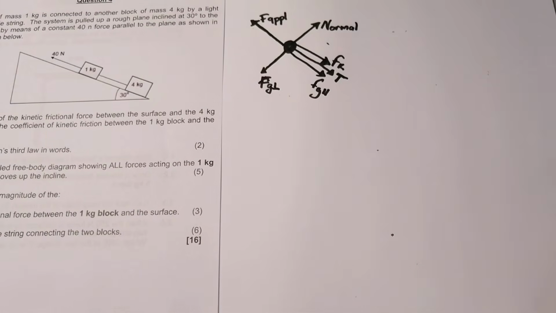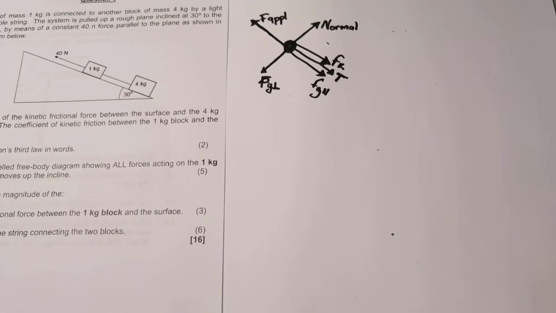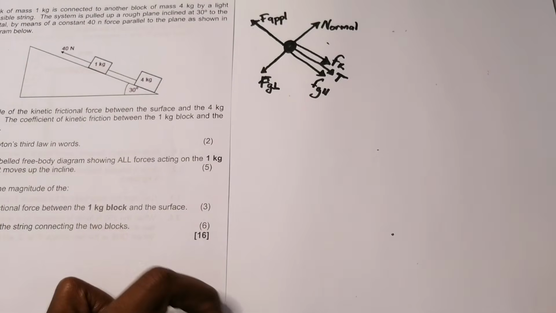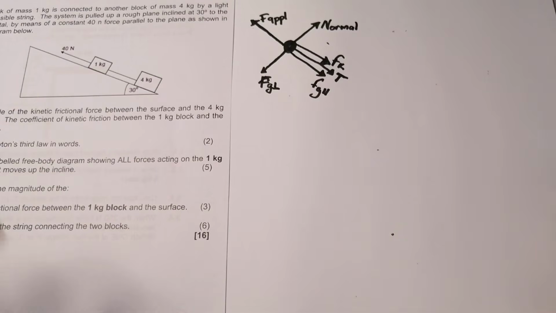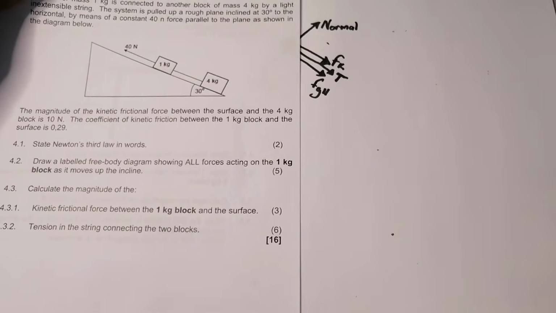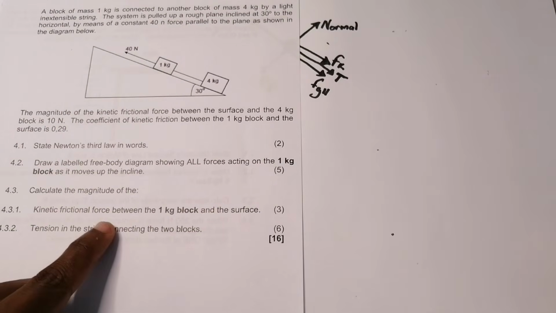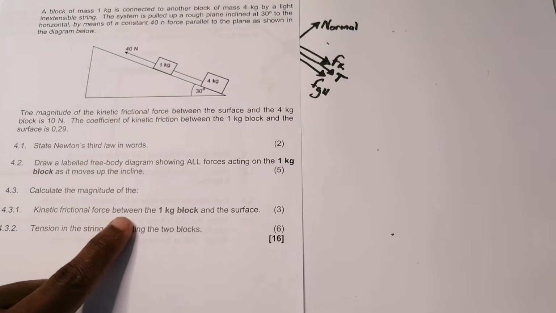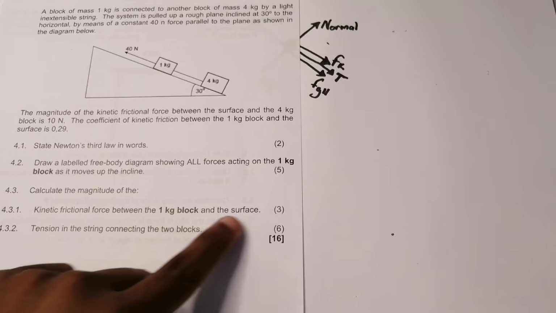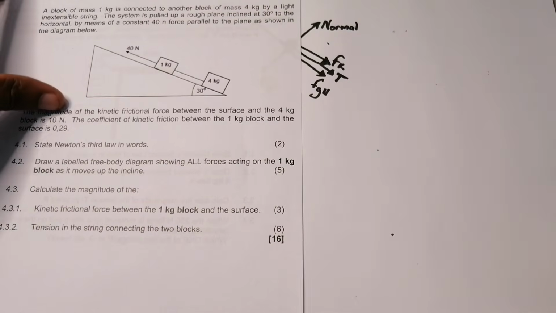Okay, right. So now the third question, in a sense, they say to us calculate the magnitude. So they want to find out the magnitude of the kinetic frictional force between the 1 kg block and the surface, right?